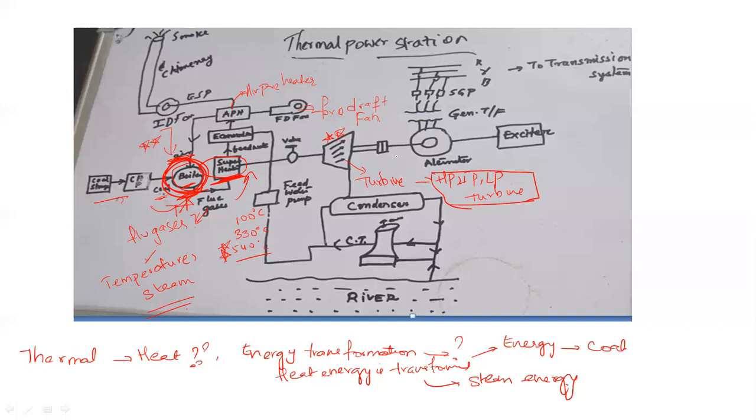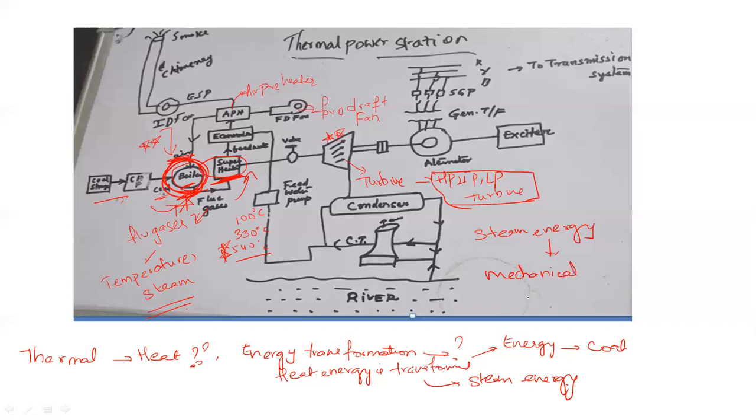When you open the valve, superheated steam from the drum will be admitted into the turbine. This steam energy is converted into mechanical energy in the turbines. That means HP turbine, IP turbine and LP turbine.